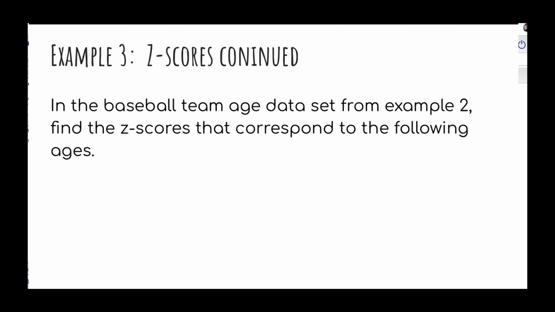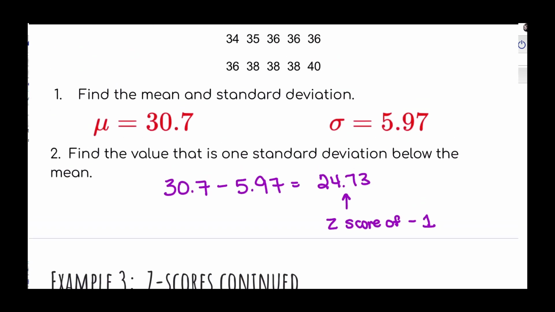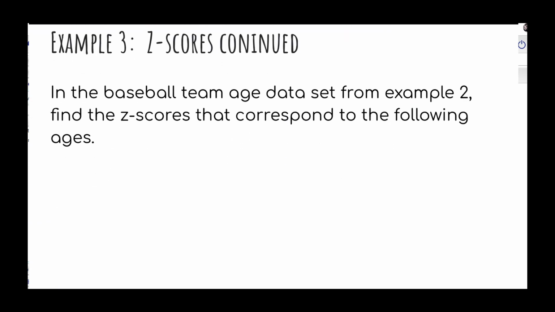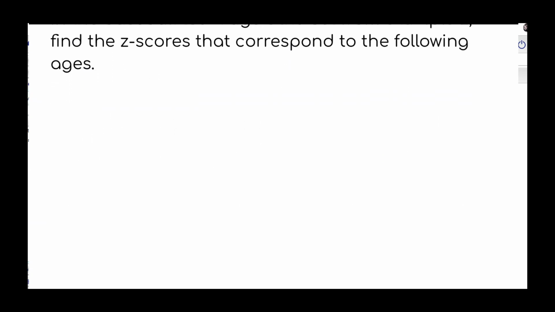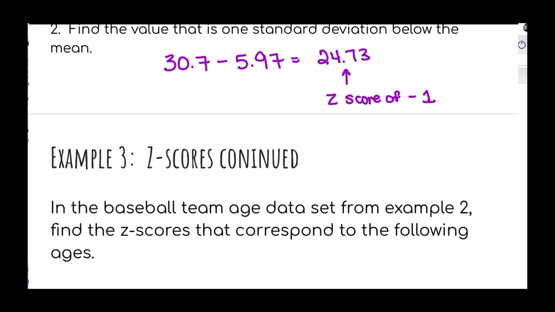Okay, so z-scores continued. In the baseball team age problem set from example 2, the one up here, it says find the z-scores that correspond to the following ages. Those ages are 26 and 32. It's helpful to remember that the mean was 30.7 and the standard deviation was 5.97.